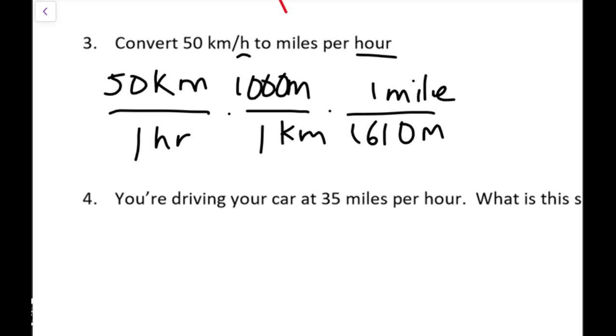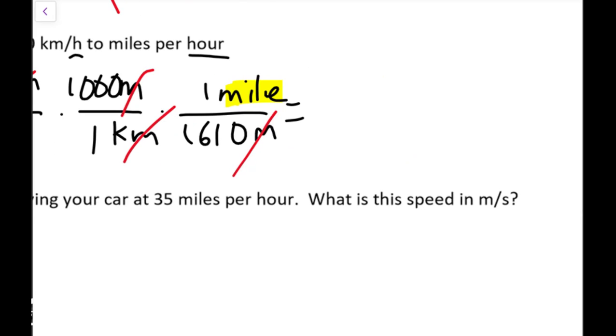Again, we can cancel out kilometers with kilometers, meters with meters, and what we're left with is miles here per hour there. So we multiply 50 by 1,000, divide by 1610, and we get our final answer of 31.06 miles per hour.